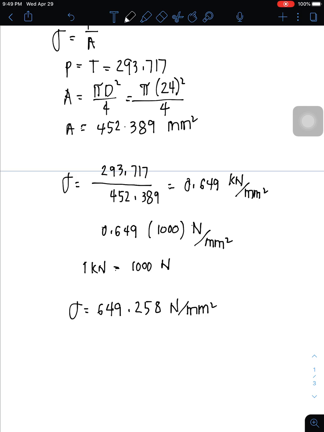So what is newton per square mm? Let's go back to Pascal. Pascal is equal to newton per square meter.